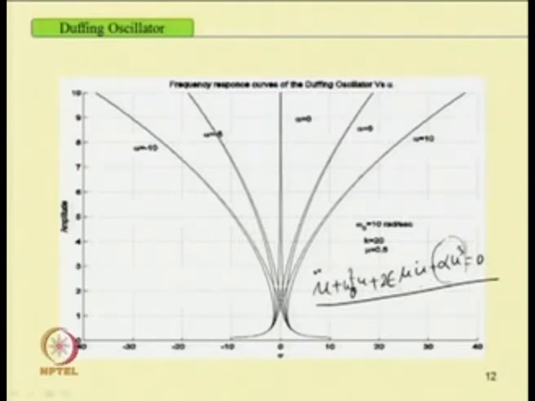If this mu, that is the damping term, is very small, that is, if we have an underdamped system, we will have an oscillatory motion, but finally the response will die down to 0.